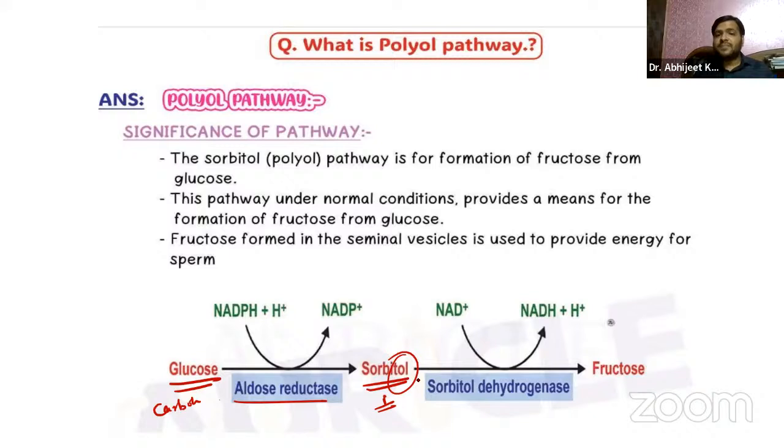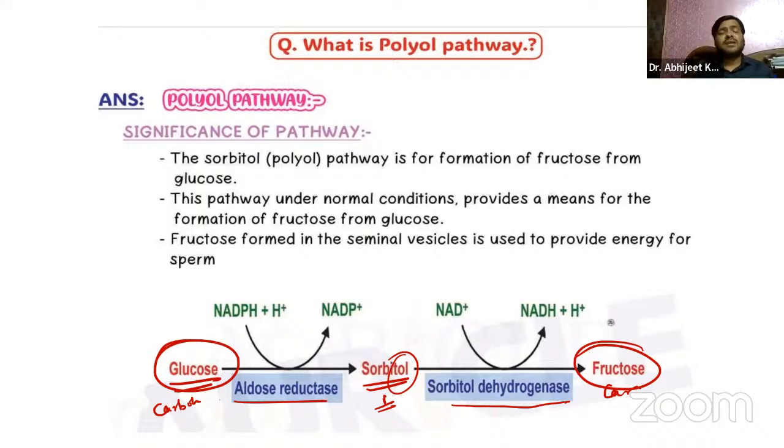And obviously, this alcohol getting converted again into the carbohydrate uses sorbitol dehydrogenase. What is actually the polyol pathway? Basically, from glucose we are forming what? Fructose, right? It is the formation of fructose from glucose, right?